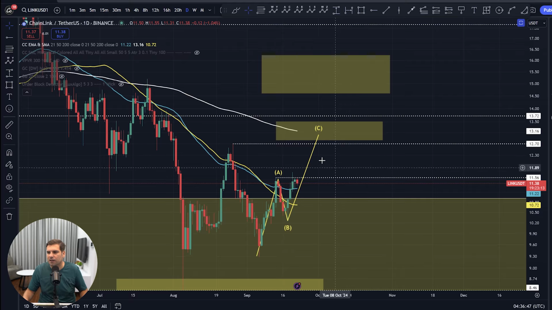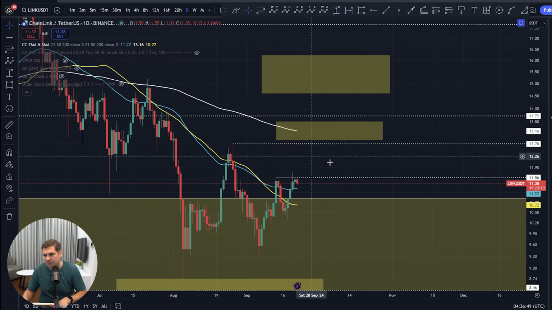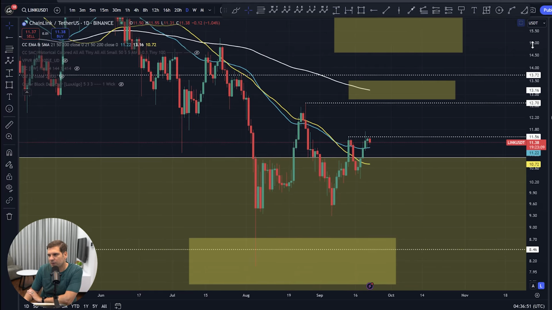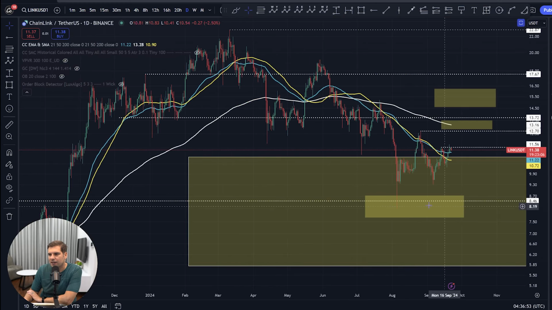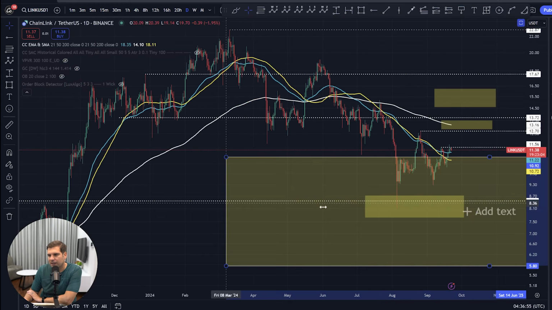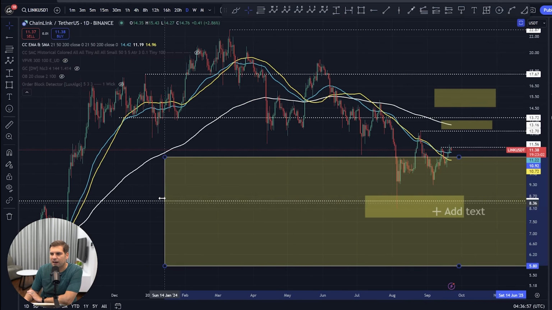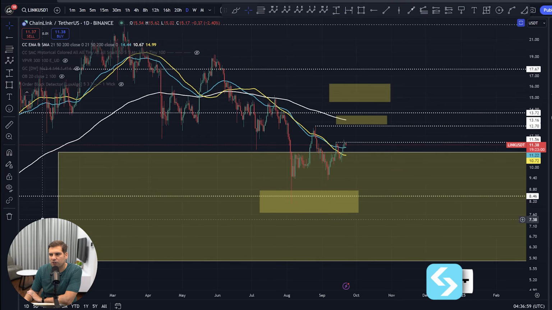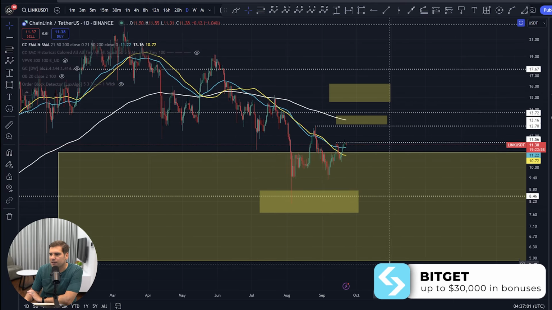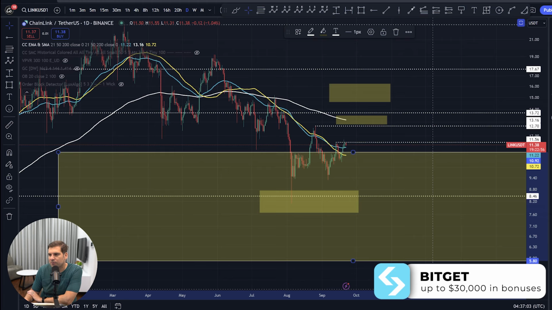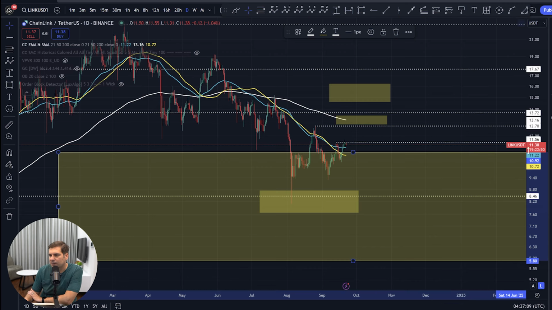Now, as we remove all of this off the chart so we don't have all that clutter, and zoom out just a little bit, there is this yellow box just down here. This yellow box area is what I call a reaccumulation zone. This box is coming in between $5.80 and $10.92.